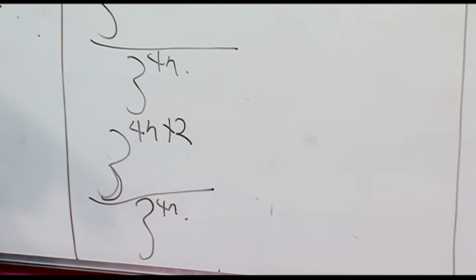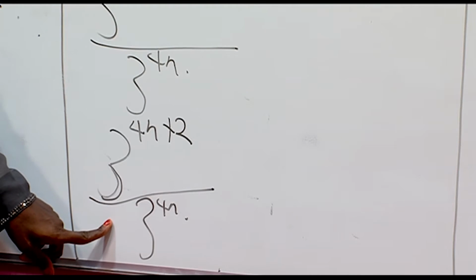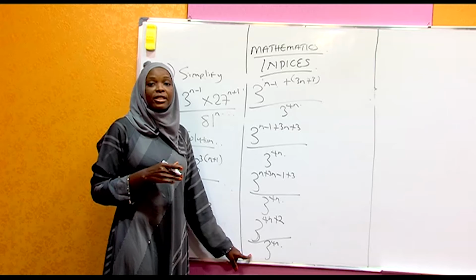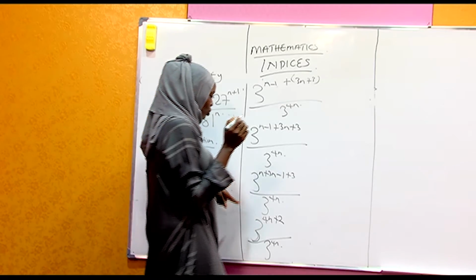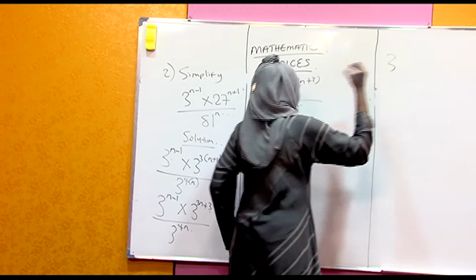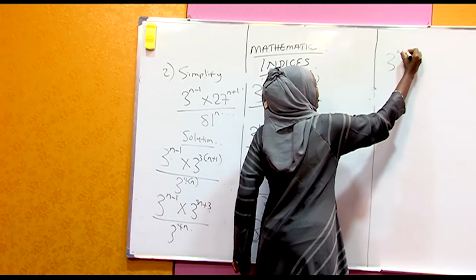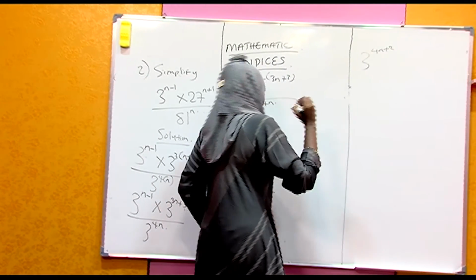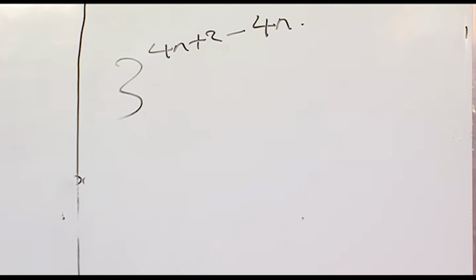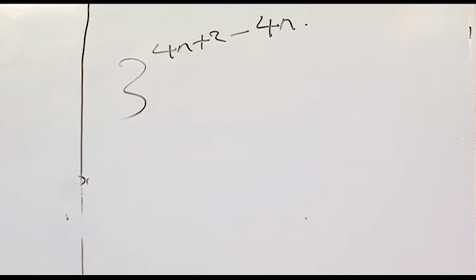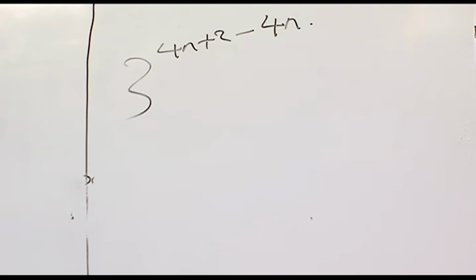The next law this is leading us to is the division law, where when they are in the same base and they are dividing each other like that, you will subtract their index. So this gives 3 raised to power of 4n plus 2 minus 4n. You collect like terms to simplify.